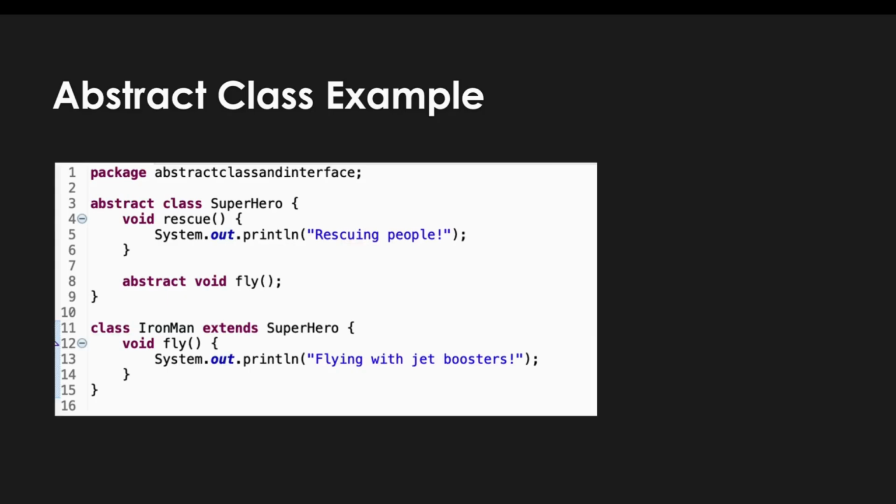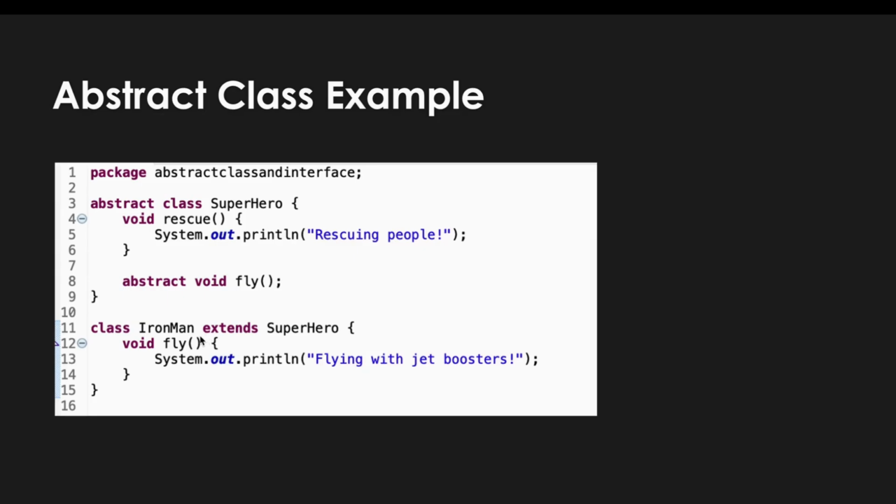In this example, we have a class called Superhero. It has a real method called rescue and also one abstract method called fly. As you can see, the rescue method has the implementation in place already, but the fly method does not have any implementation. It has just the signature. Okay, so a subclass like Iron Man that you can see here extends Superhero and provides its own version of the fly method.